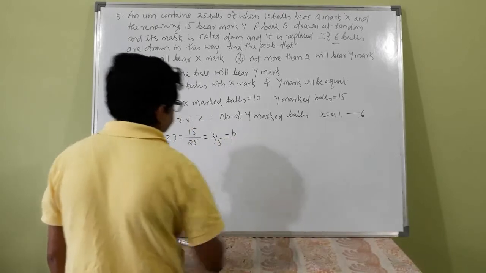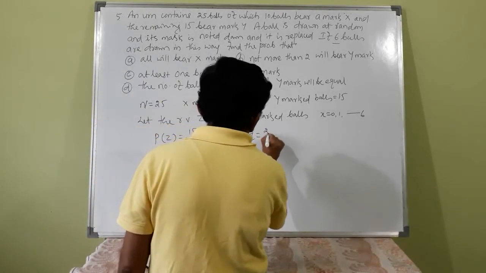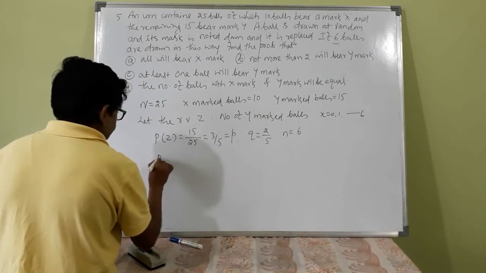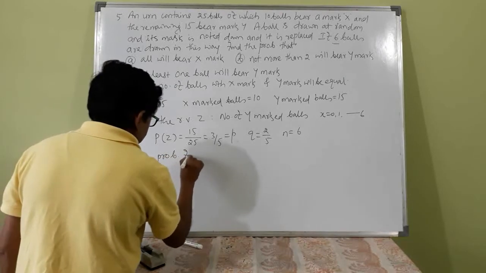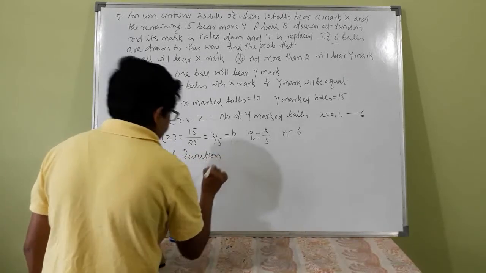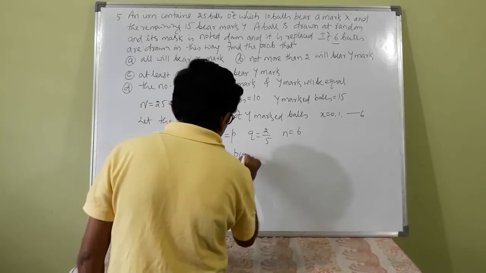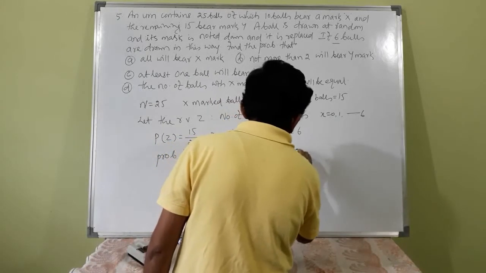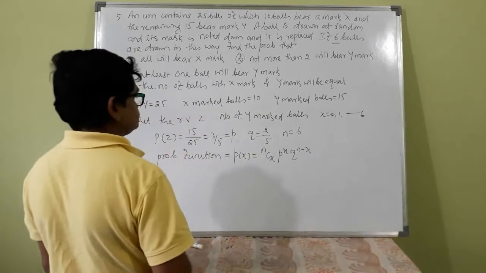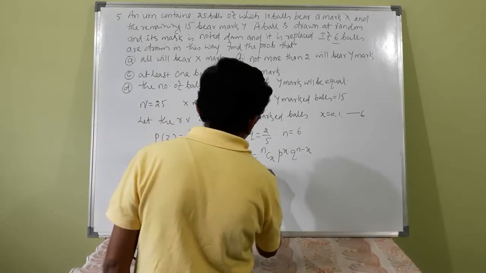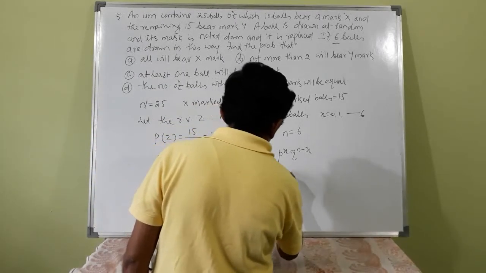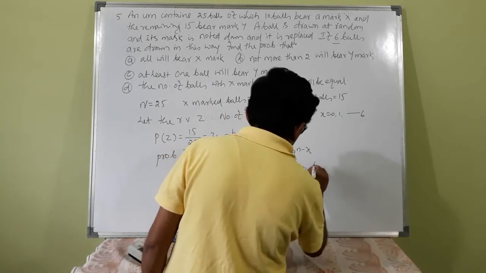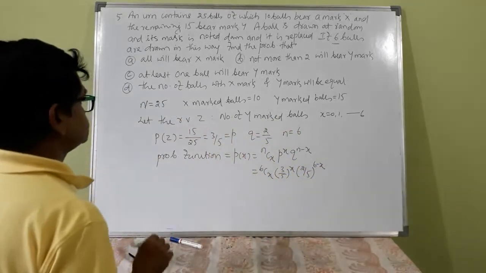This is your P. Therefore Q is equal to 2 by 5, and N is equal to 6. Now the probability function: P of x is NCx P raised to x Q raised to n minus x. That is, 6Cx 3 by 5 raised to x, 2 by 5 raised to 6 minus x, isn't it?